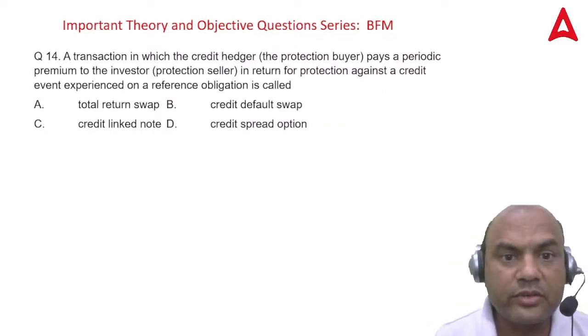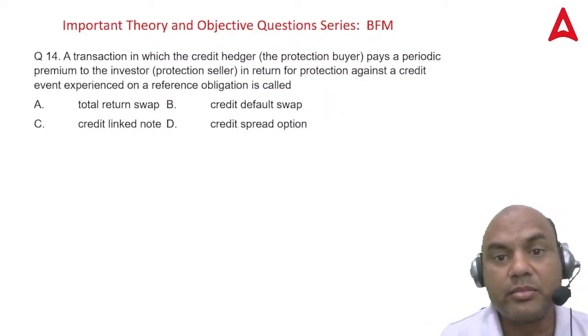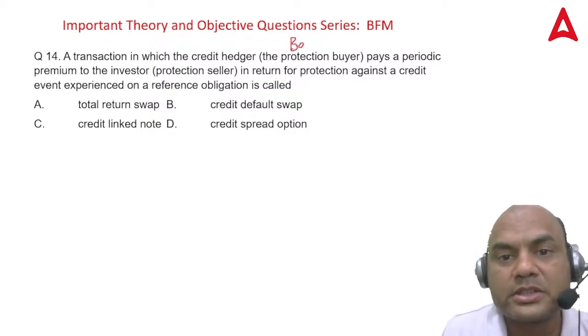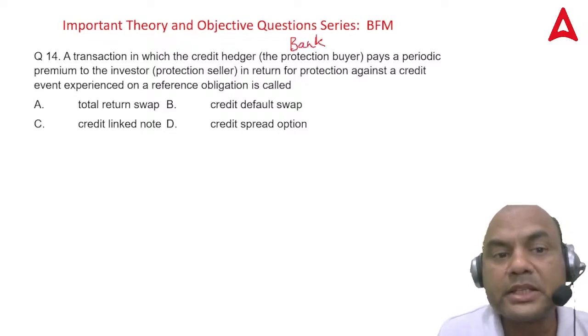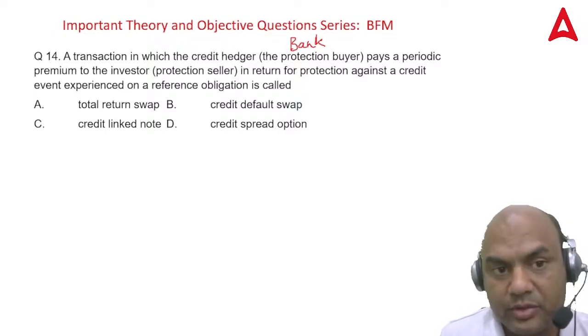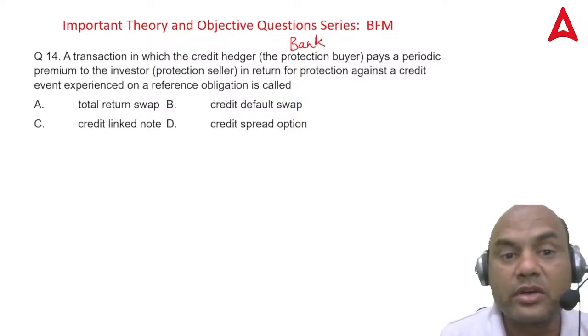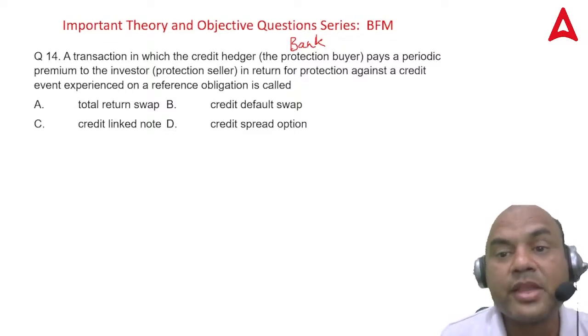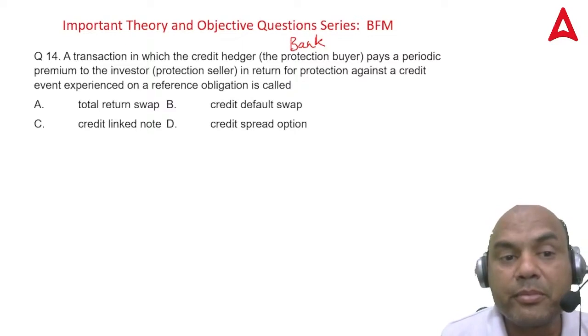A transaction in which the credit hedger, means protection buyer, means bank. Keep it simple. I'll give you simple words. Bank pays a periodic premium to the investor, protection seller. Okay. Now here investor is called as protection seller. It can be protection seller, can be insurance company. Pay the periodic premium to the investors.